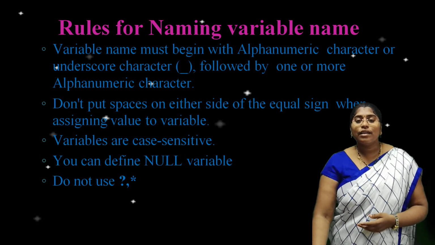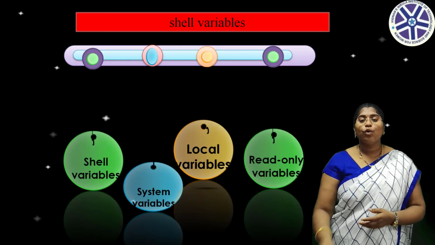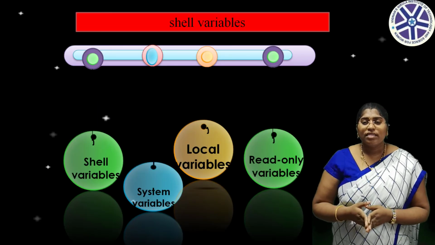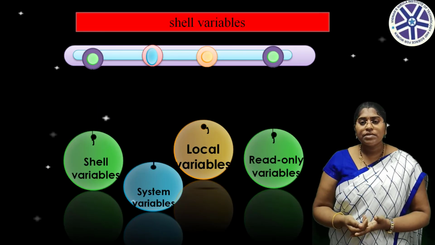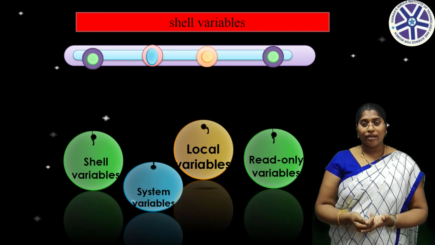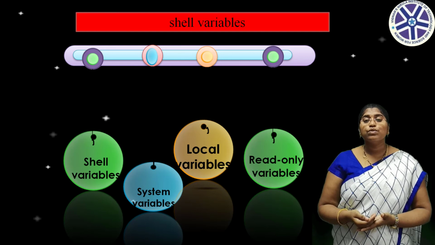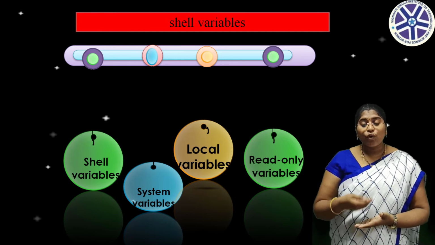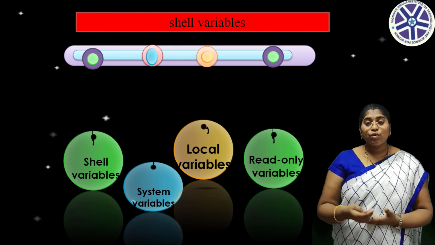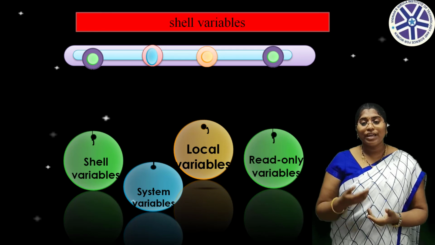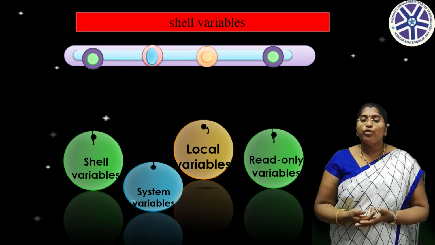Next, the third category of shell variables is read-only variables. The value of a read-only variable cannot be manipulated. A variable can be made read-only by using the readonly command. So here the user can only read that variable and cannot change it.